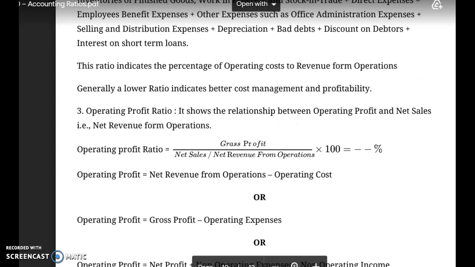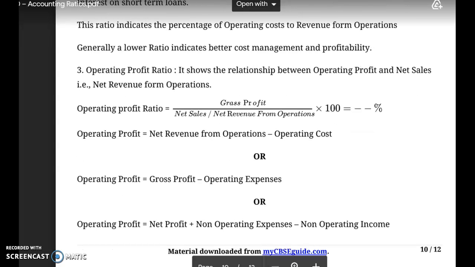The other way to calculate it is that operating profit is gross profit minus operating expenses. We all know operating expenses comprise office and administration expenses, selling and distribution expenses, and also the general expenses. If we deduct these operating expenses from gross profit, the result will be the operating profit.